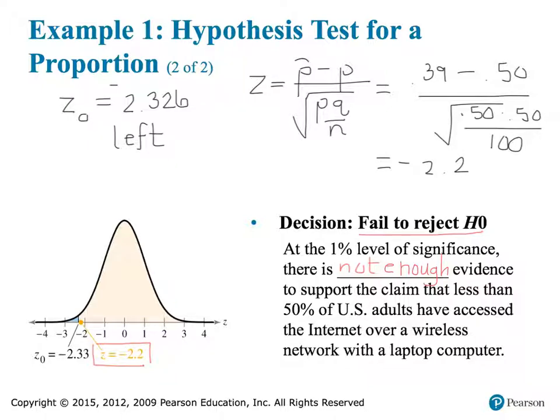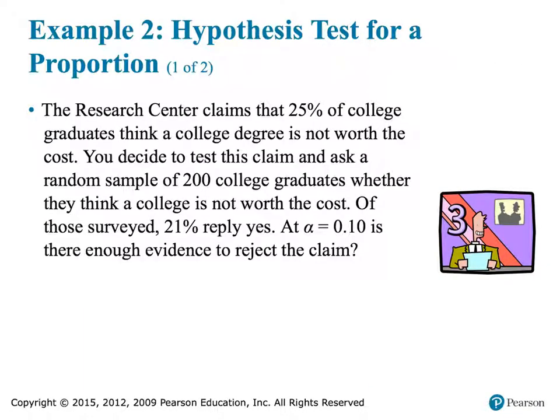So let's try one that's a little different. The research center claims that 25% of college graduates think a college degree is not worth the cost. So I can see it's about percentages, so it's P, and they're making the claim that that 25%. It didn't say less than, it didn't say greater than, just that 25%.